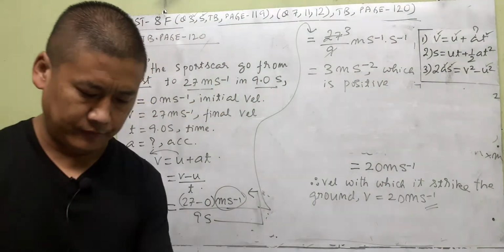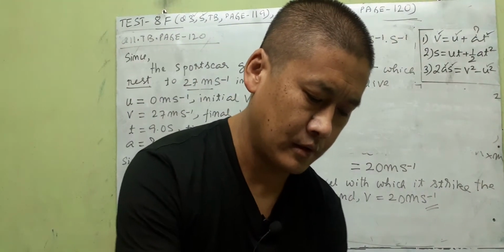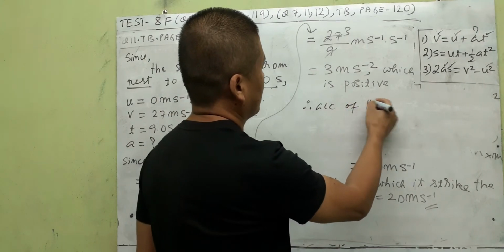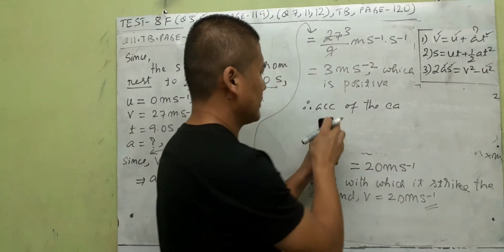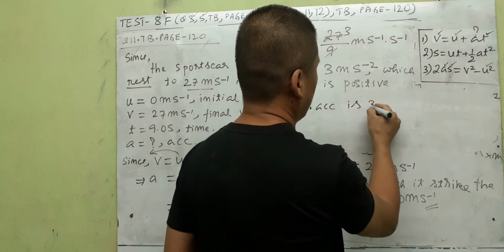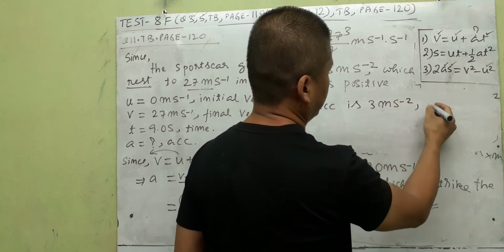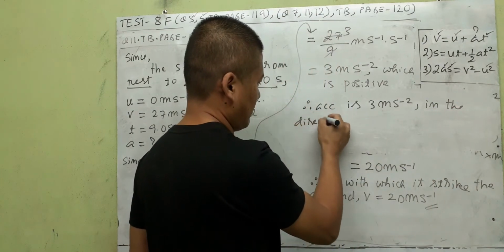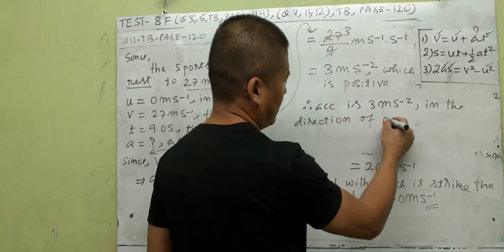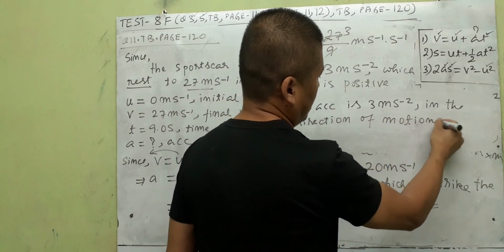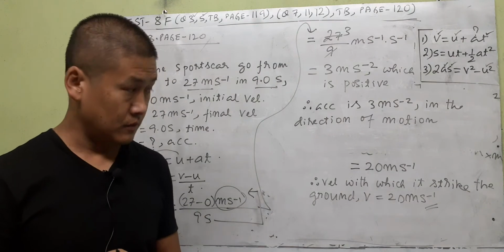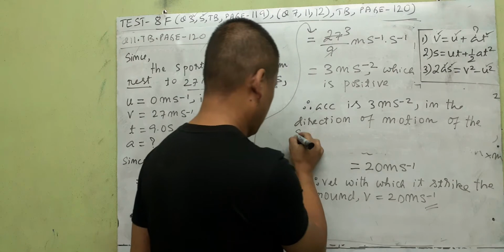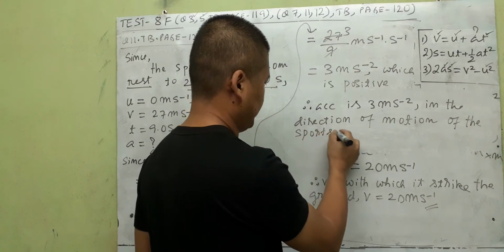So since it's positive, what does that tell us? Therefore, acceleration is 3 meter per second square, in the direction of motion of the sports car.